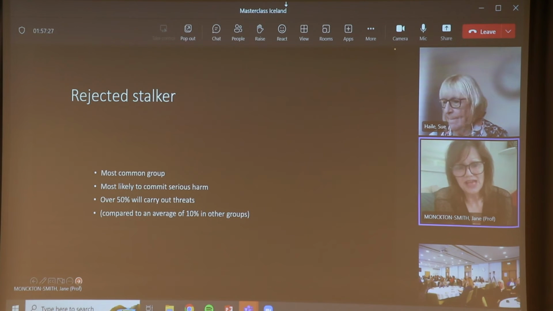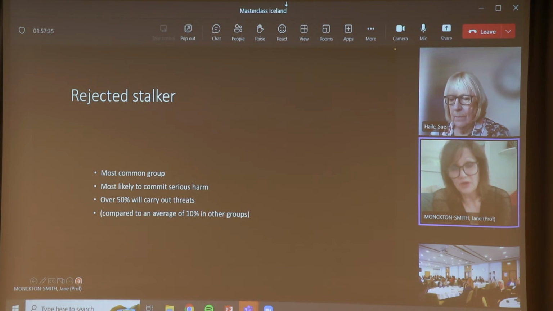Remember that is happening over halfway along this timeline. So at the point that you are being told about it, we've already been through 4 or 5 other risk escalations before this behaviour actually starts. So it should always be taken very, very seriously.